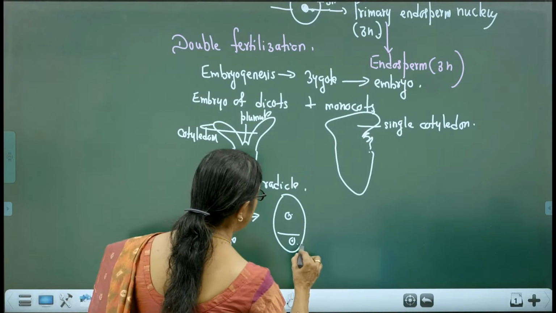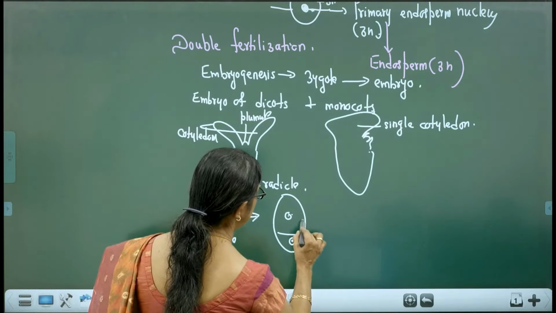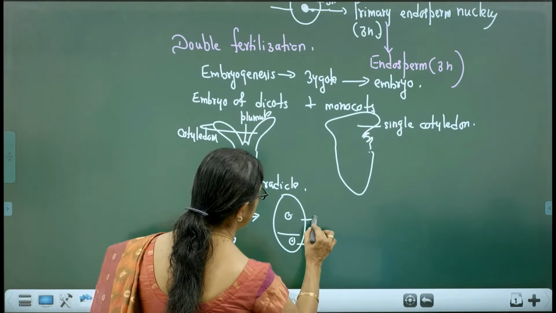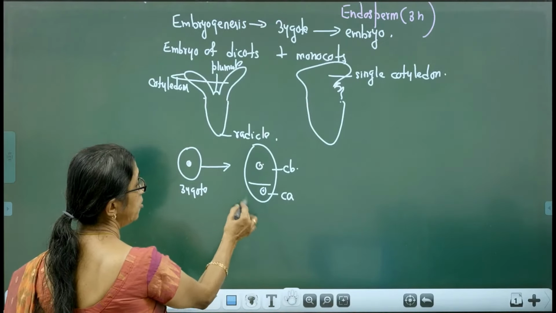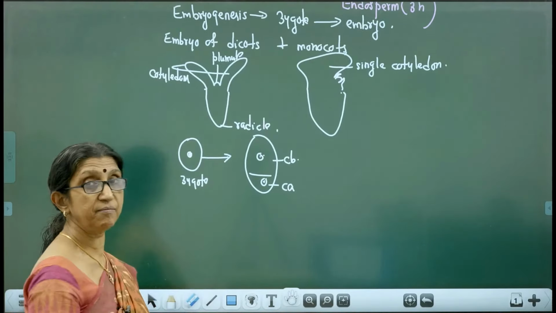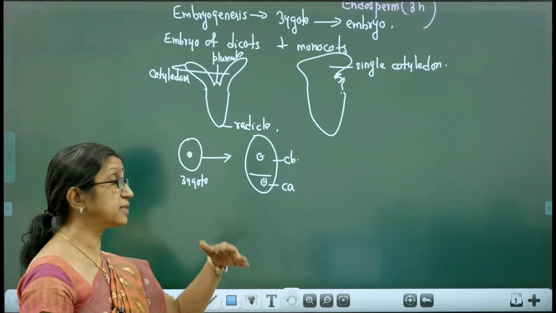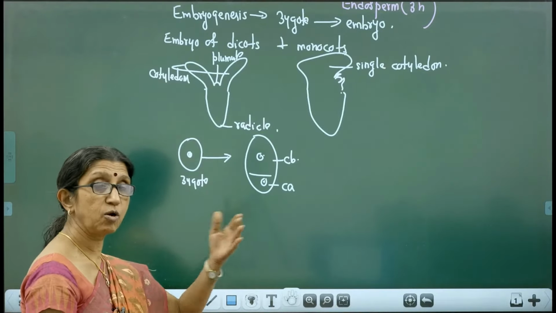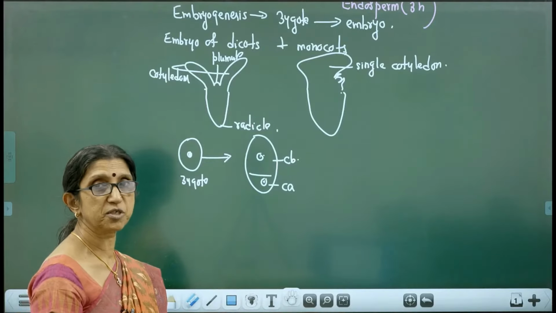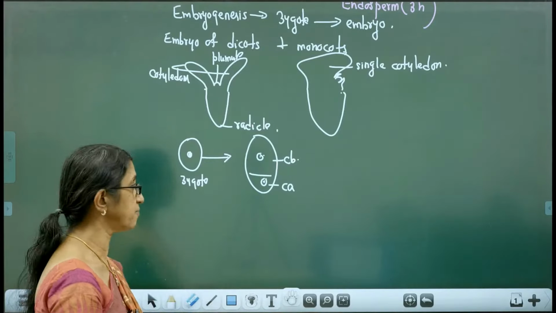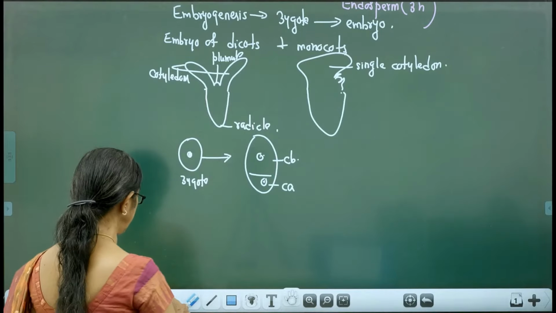This is the apical cell, designated as CA, and this is the basal cell, designated as CB. The embryo proper is developed from CA, whereas the basal cell CB will undergo repeated transverse division and there is formation of a tail-like structure called a suspensor, by which the embryo proper is attached to the inner side of the seed cavity.